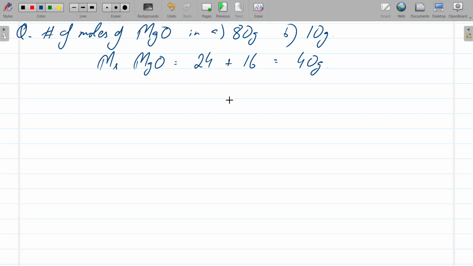right? Now, one way of writing this is 40 grams per mole. Why am I writing this? Because this is how you write the molar mass.